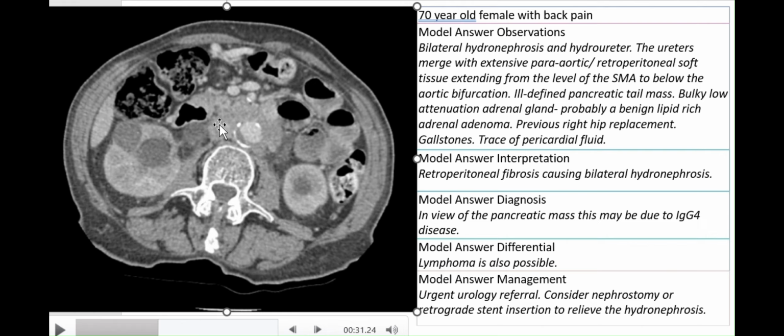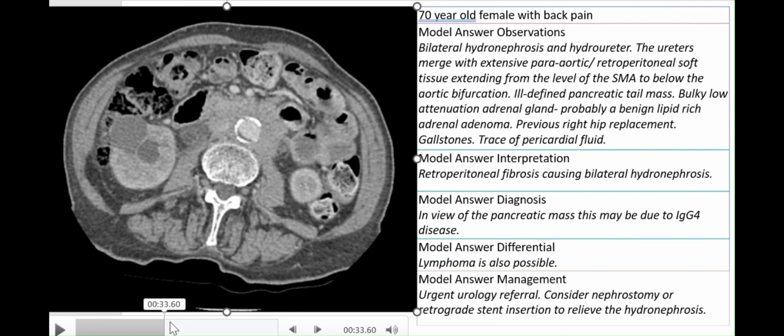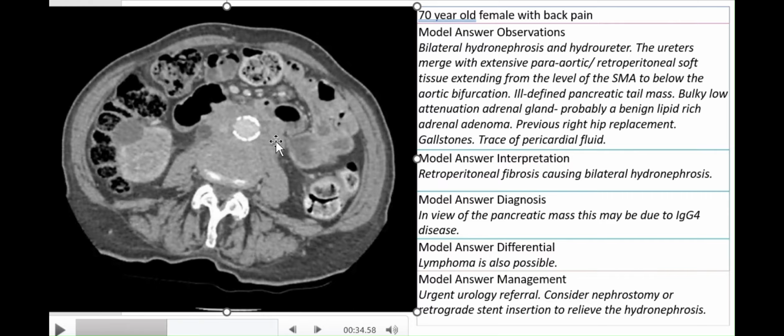with medial deviation. So if you go down, the proximal 1/3 of the ureters are medially deviated. They should be running here. They will be medially deviated and will show caliber change.